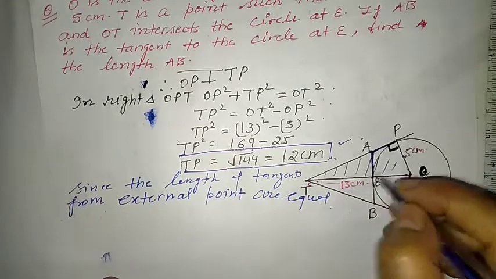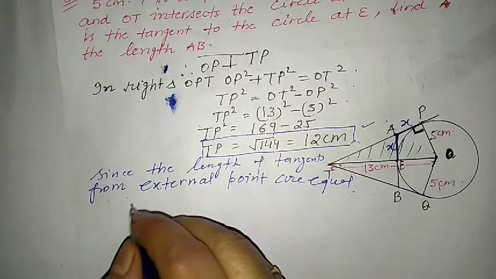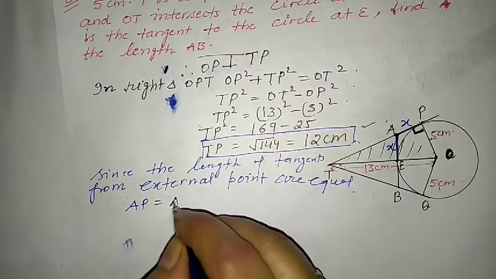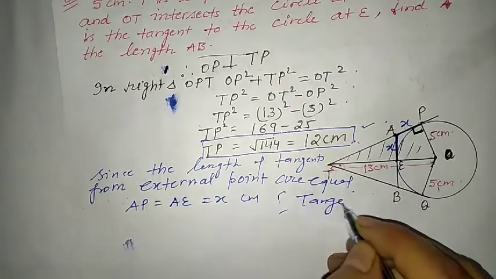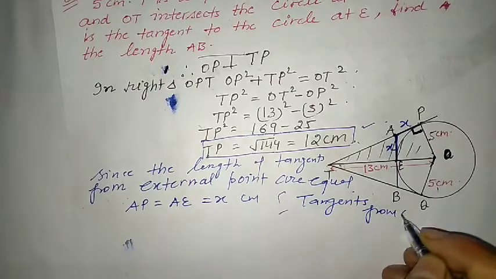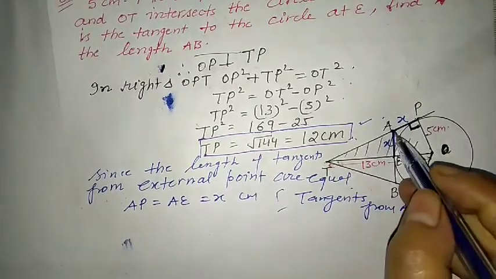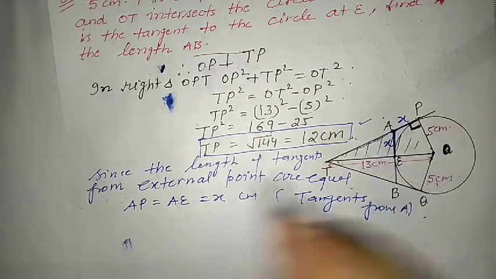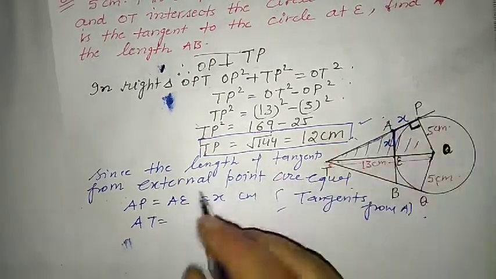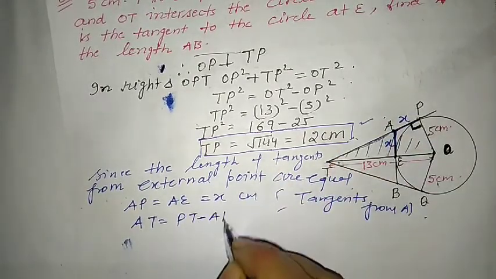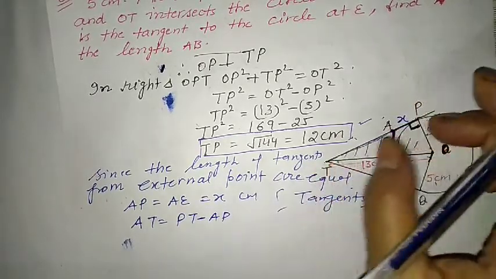If we let AP as X, this one will also be X. So here we will write AP is equal to AE is equal to X centimeter, tangents from A. Now AT is equal to PT minus AP.